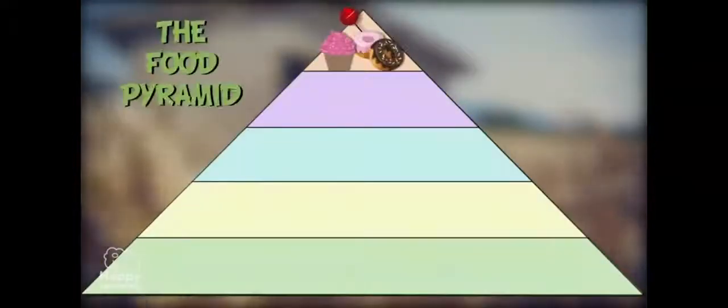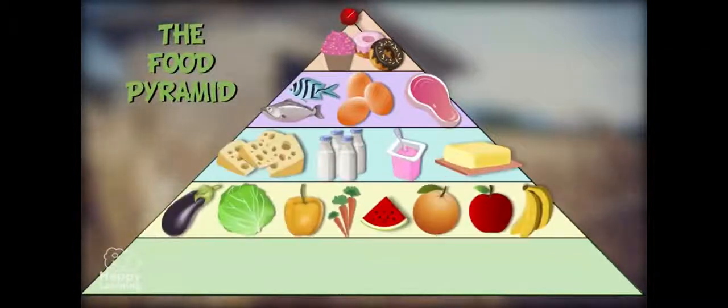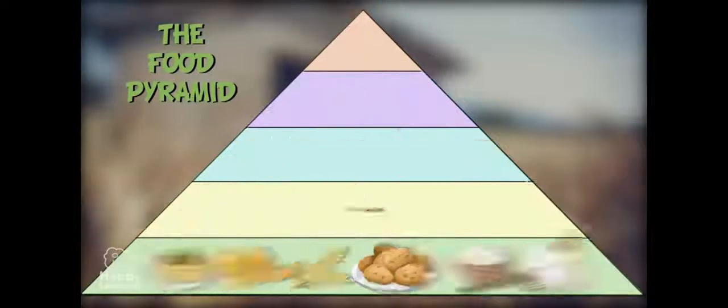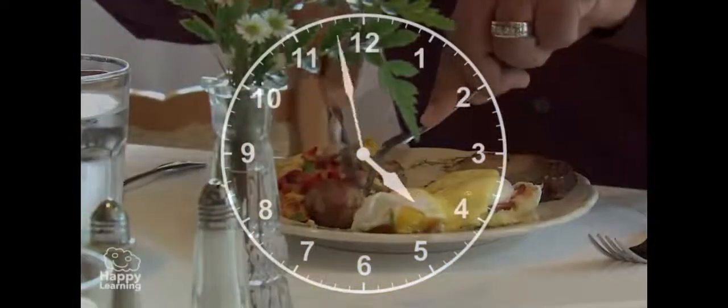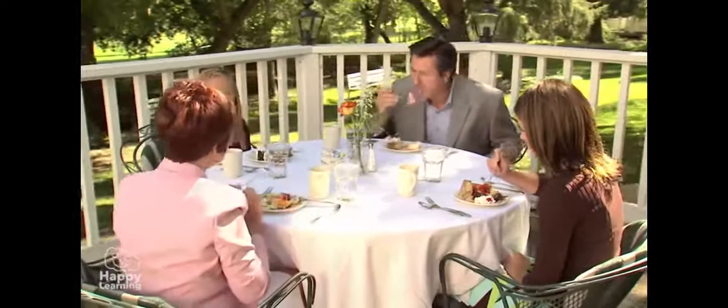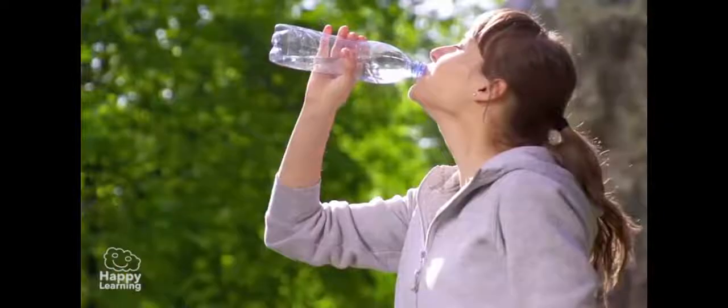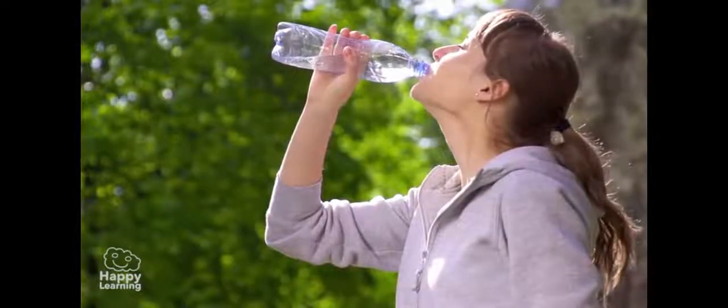As well as following the different steps in the pyramid, we need to take into account the advice of doctors and nutrition experts. One must try to eat at the same time every day. Eating with family will always be beneficial, and also drink plenty of water.